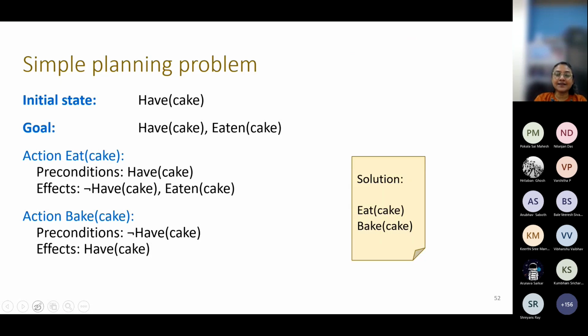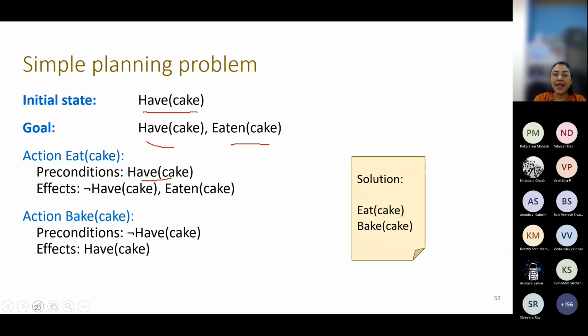Let us take a very simple planning problem to illustrate this. The initial state is have cake, and the goal state is have cake and eaten cake. There are two actions, eat cake and bake cake. For the action eat cake, the precondition is have cake, and the effect is not have cake and eaten cake.